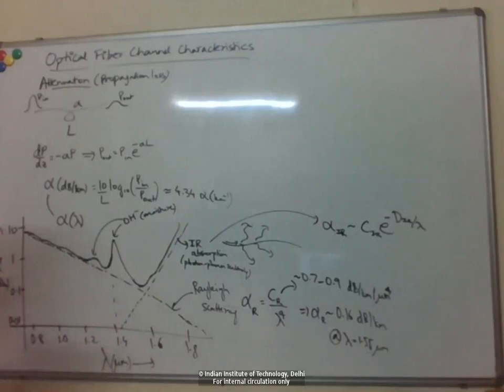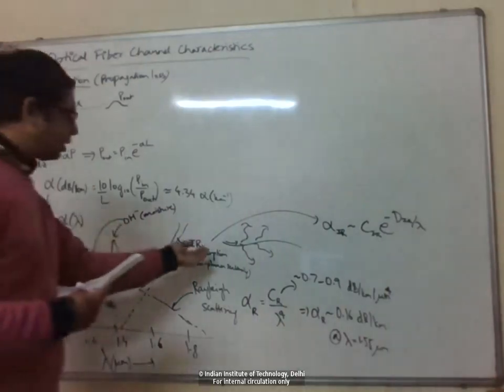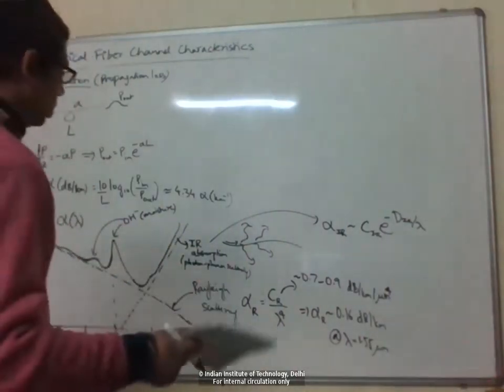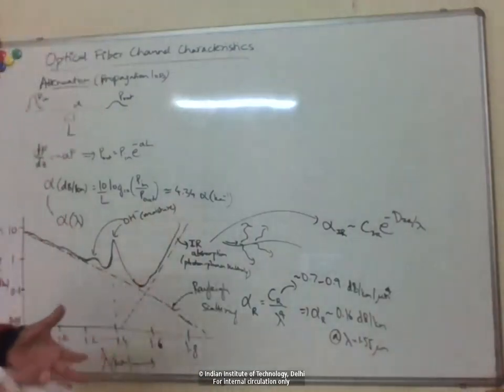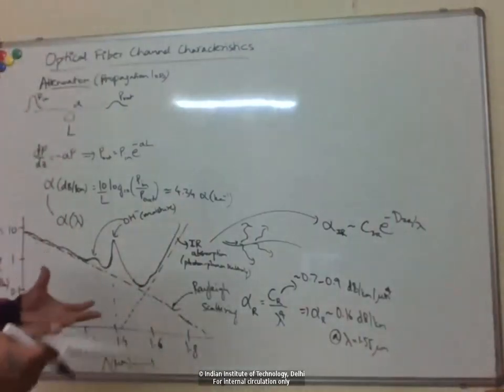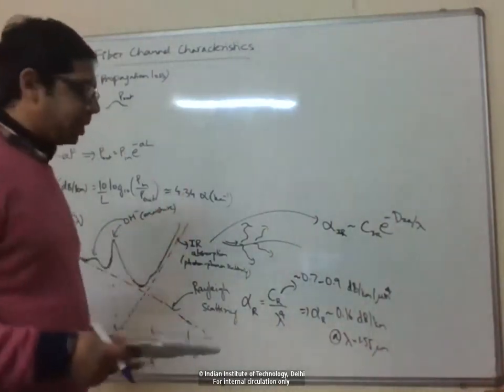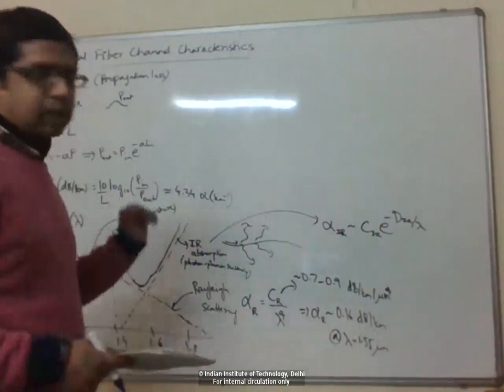This is again fundamental to glass. The SiO bonds have some modes of vibration, and they couple to photons in a particular manner. So this curve is again fundamental to glass.